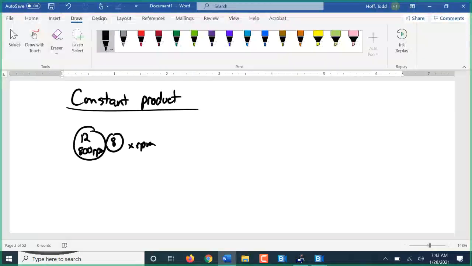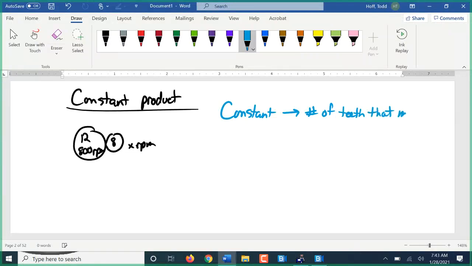The constant here is the number of teeth that mesh from each gear. Like I said, this gear turns 1 complete round. That's 8 teeth that mesh. The other gear only has to go 2/3 of the way around to get 8 teeth into that intersection of gears.